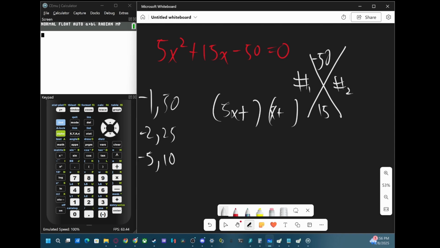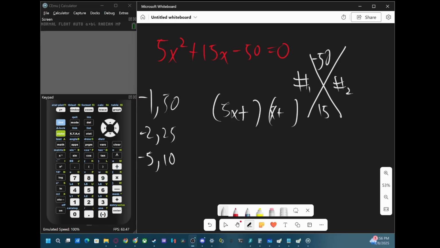Let's do the opposite. Next one can be, and these are all numbers that can equal 50. All of them can be. All right. So now, which one fits our equation the best? Since we know this is going to be minus, I say it will be this one.